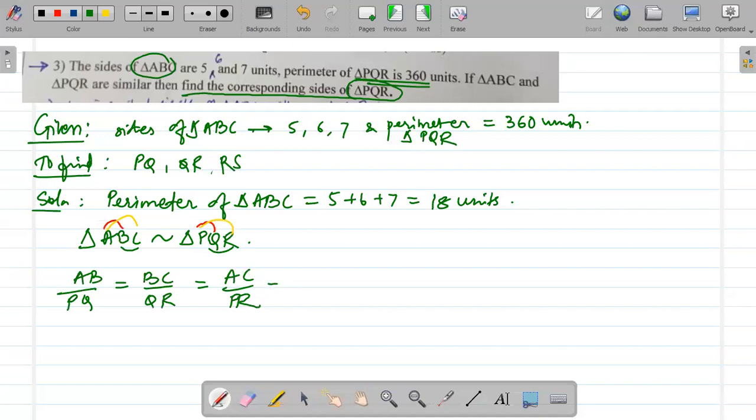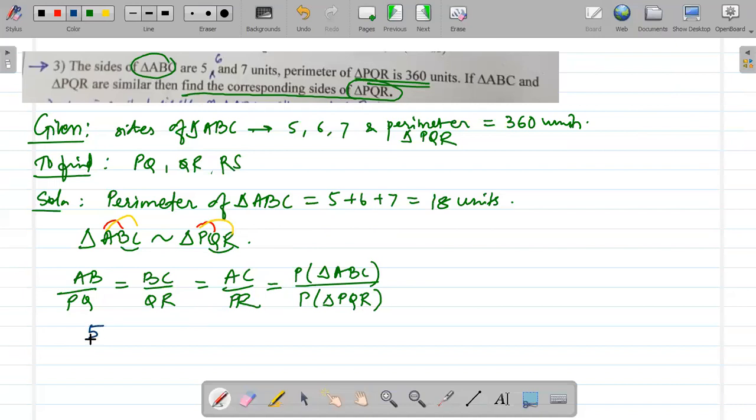And of course, we can equate this to the respective perimeters. So perimeter of triangle ABC over perimeter of triangle PQR. And then we just plug in the values, correct? So let's say the sides here are something like this.